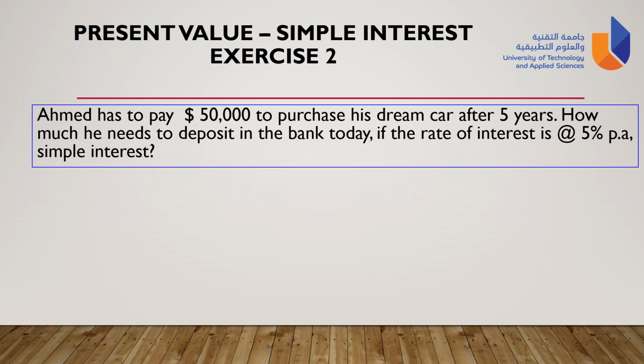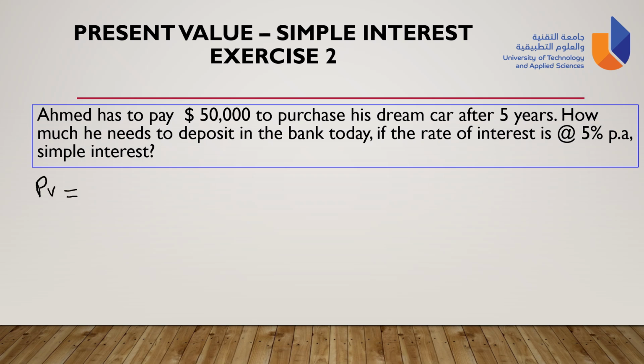Exercise 2. Ahmed has to pay $50,000 to purchase his dream car after 5 years. He wants to purchase the car after 5 years. How much does he need to deposit in the bank today if the rate of interest is 5% per annum simple interest? So now we need to find out the present value.